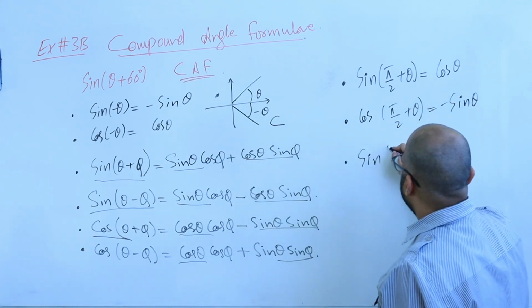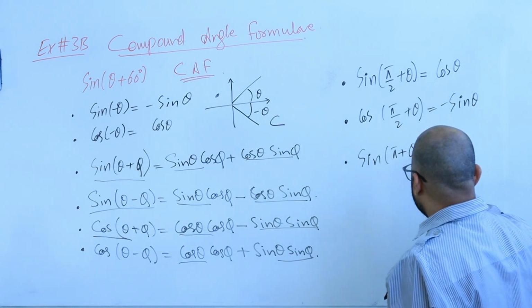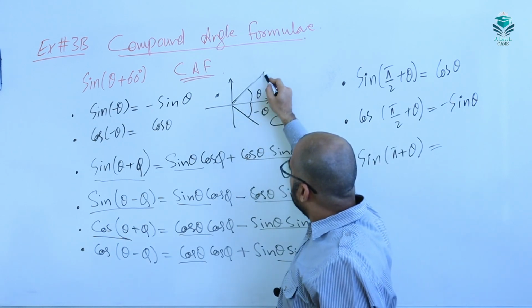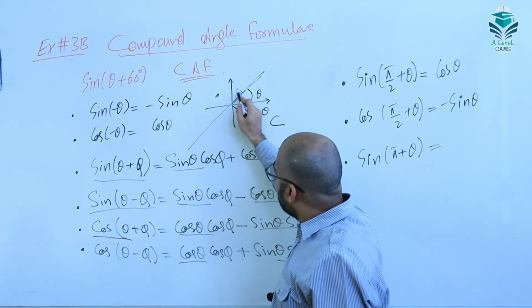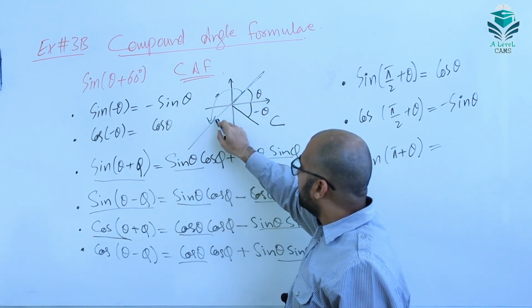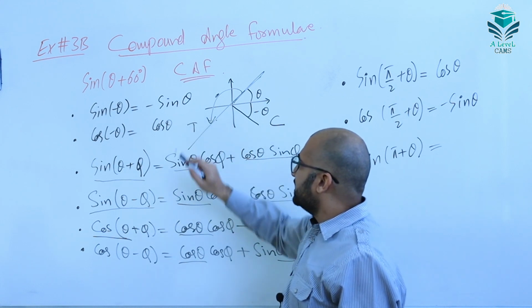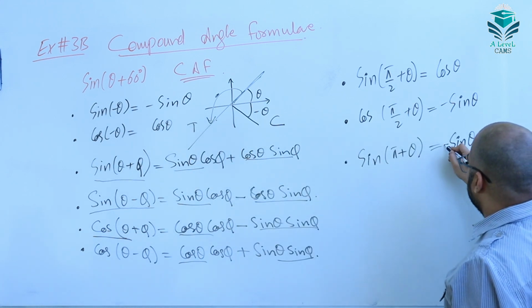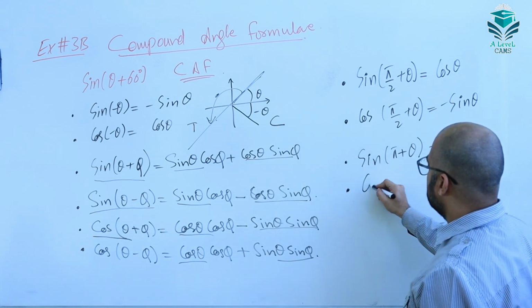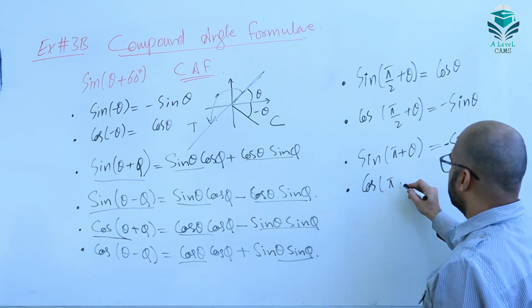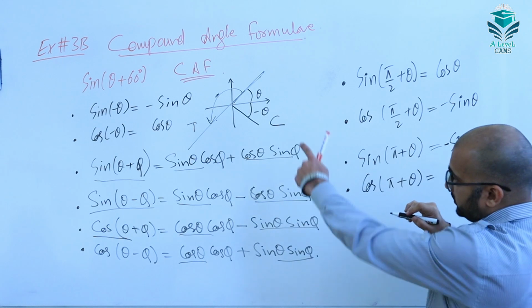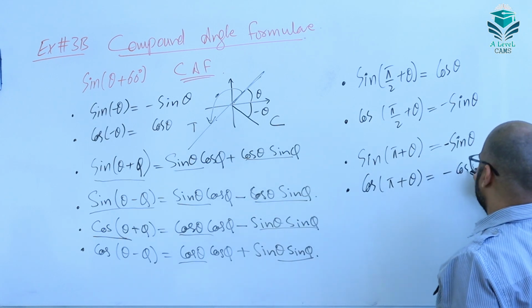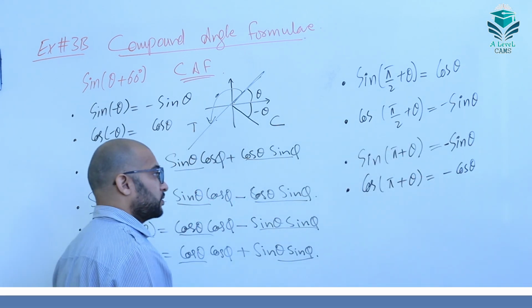Similarly, pi plus theta: theta is in the first quadrant, and if you add pi, you will be in the third quadrant, where sine is negative, so you can write sine of pi plus theta as minus sine theta. And similarly, cos of pi plus theta, cos is negative, so you can write minus cos theta.